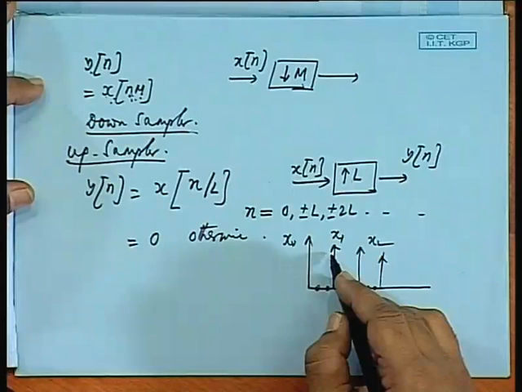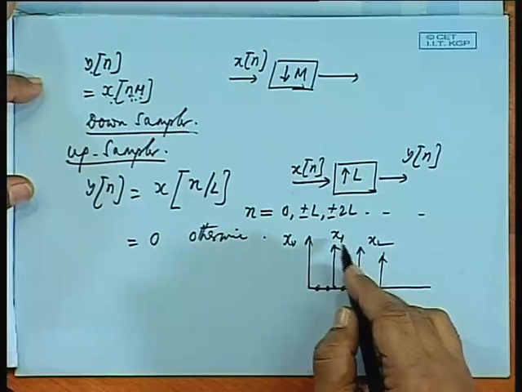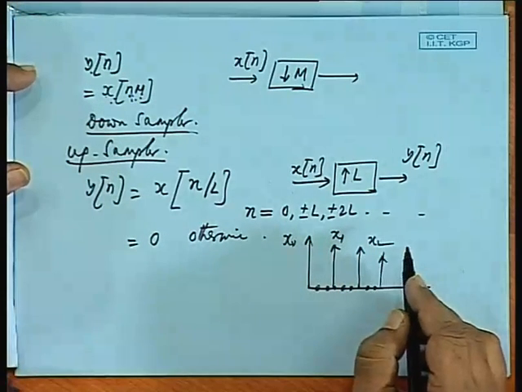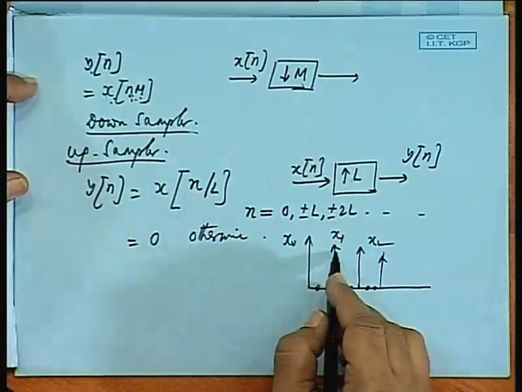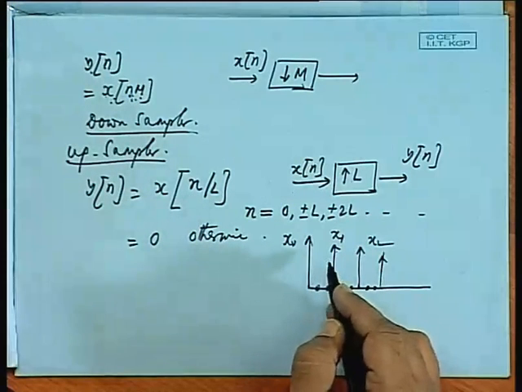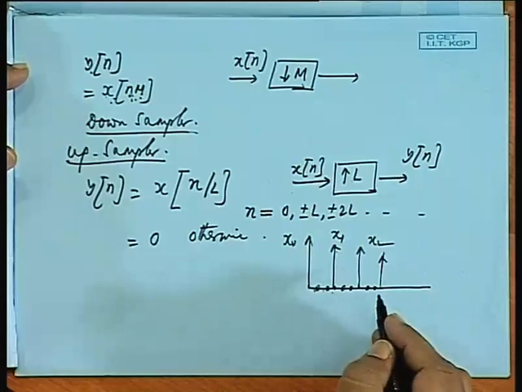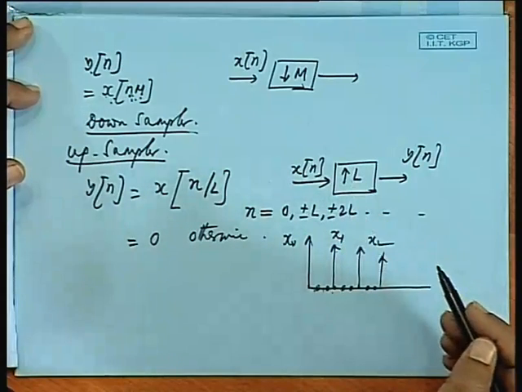So, whatever was x1 will now be say x3 or x4, depending on the number of zeros that you are inserting, that is the factor L.